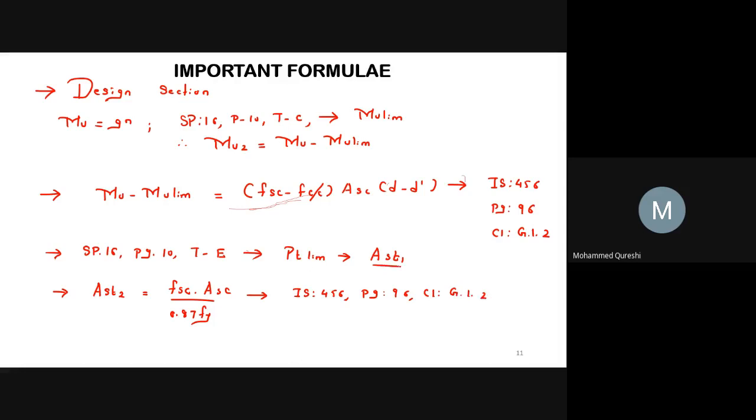Hence, here we get the value of Ast1, and from here we will achieve the value of Ast2. Hence, we have to calculate the total Ast, that is Ast equals Ast1 plus Ast2. From this equation, we will get the total area of tension reinforcement.